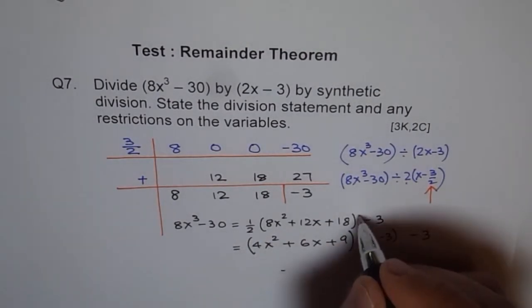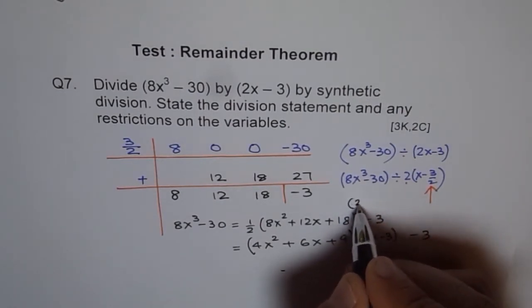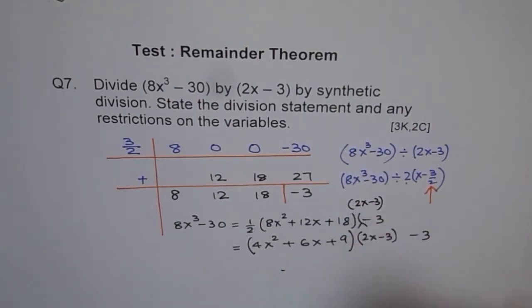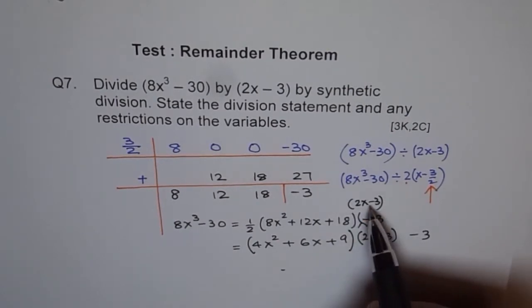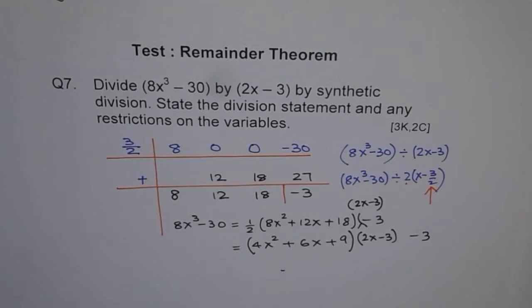Here I should have 2x minus 3. Right? Divisor into quotient plus the remainder. That's the division statement, right? So divisor into quotient plus the remainder. The remainder was minus 3. So that is my division statement.